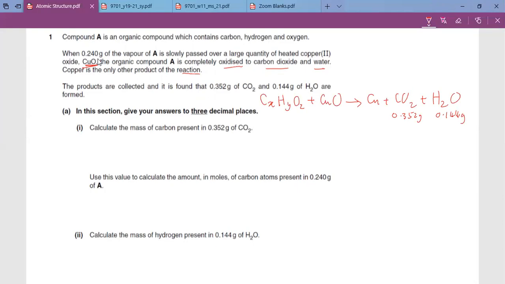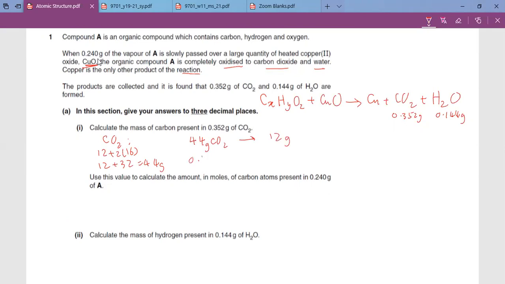Calculate the mass of carbon present in the carbon dioxide. Very simple. Carbon dioxide is 12 plus 2 times 16, it is 12 and 32, so 44 grams. So in 44 grams of carbon dioxide, how many grams of carbon are found? 12 grams.